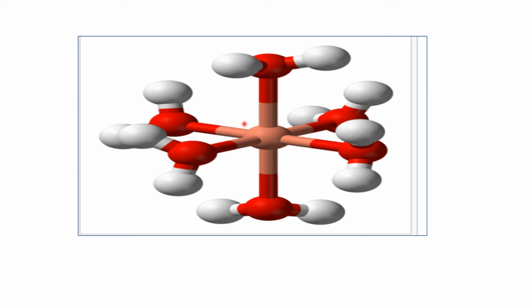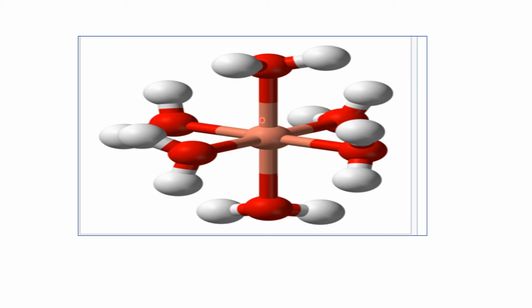In this case, Jahn Teller effect is responsible for the tetragonal distortion of hexaaquacopper(II) complex ion, that is [Cu(H2O)6]2+. The configuration of [Cu(H2O)6]2+ is t2g6 eg3.